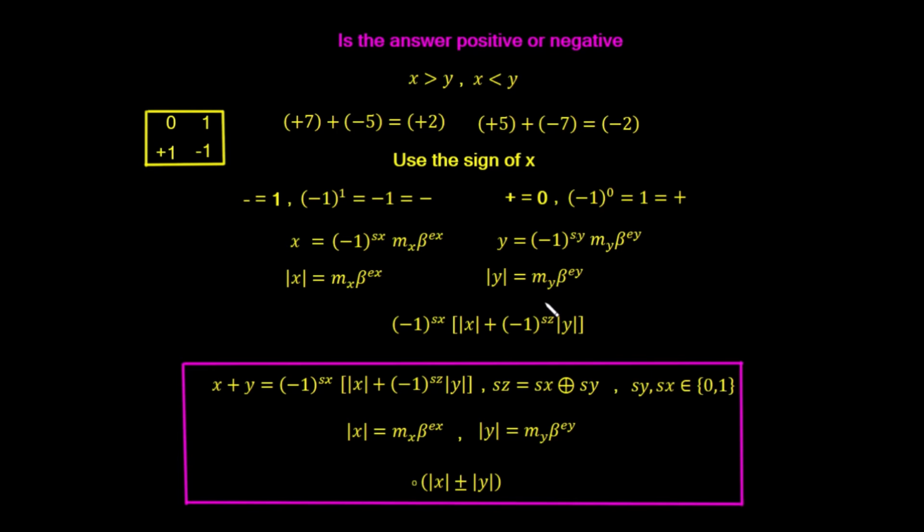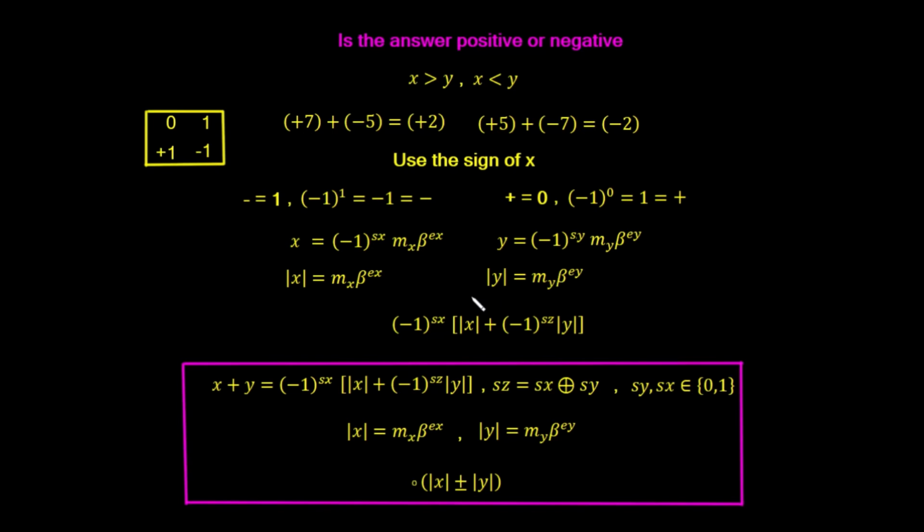Now SZ again is just the exclusive OR over SX and SY, but of course we have to write it in this format here, minus 1 raised to that power. So this here will give us the magnitude of the result, so really it will tell us whether we have to add or subtract the numbers. And this part out here will give us the sign of the result.